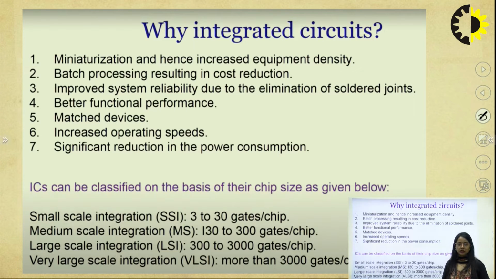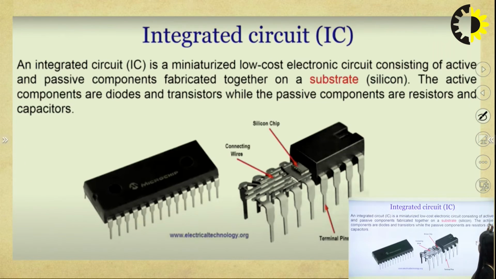An IC can be classified on the basis of chip size, as we have already studied in the previous slide. This is a basic picture of an IC. An integrated circuit is a miniaturized low cost electronic circuit consisting of active and passive components fabricated together on a substrate.